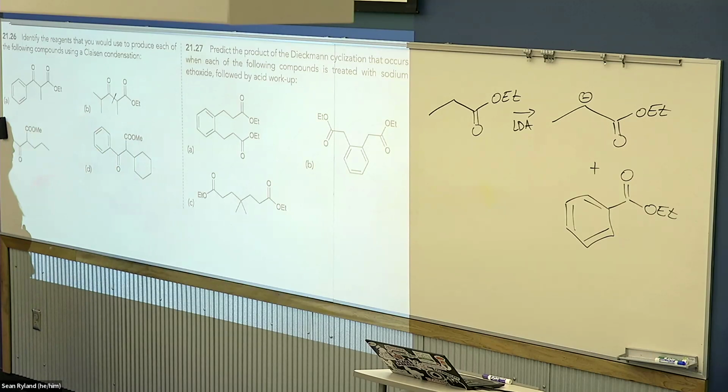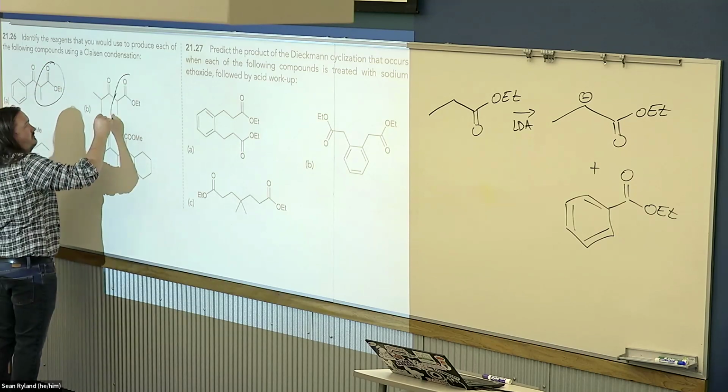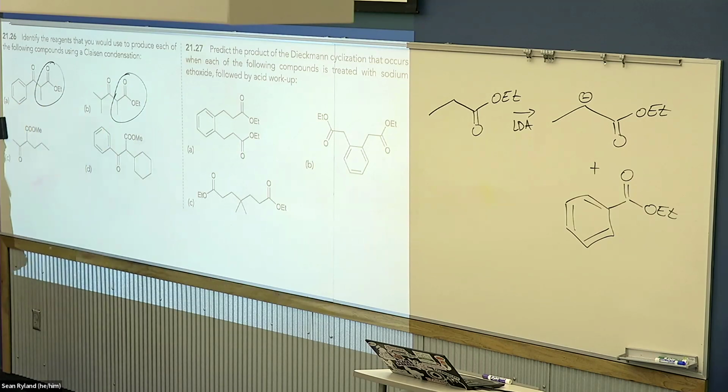So same starting material for B. Because we get the same piece attached to the alpha carbon, everything attached to the alpha carbon looks the same.